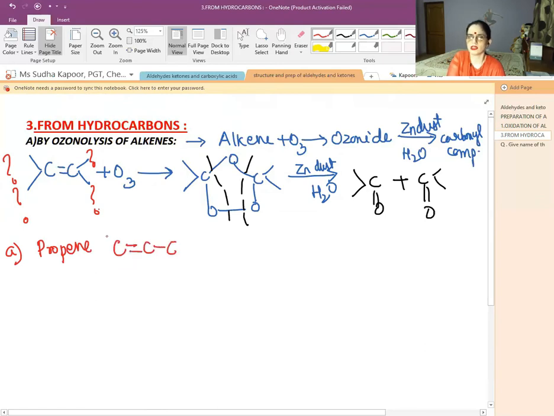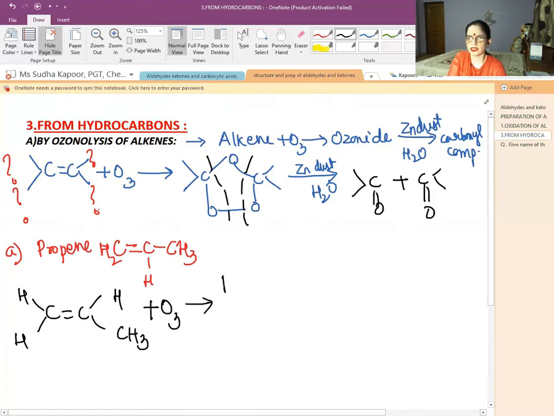C double bond C, single bond C, keeping the hydrogens properly. Now drawing it in the manner as I told you, C double bond C, keeping both sides on. On the first carbon there are 2 hydrogens, but on the second carbon there is 1 hydrogen and the other is CH3. So as soon as you add O3, you will be getting the ozonide.